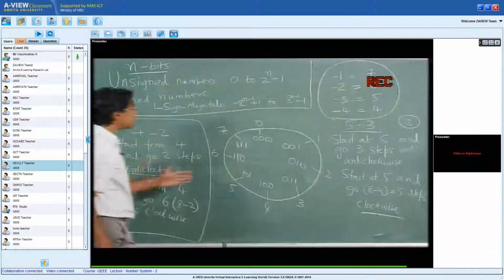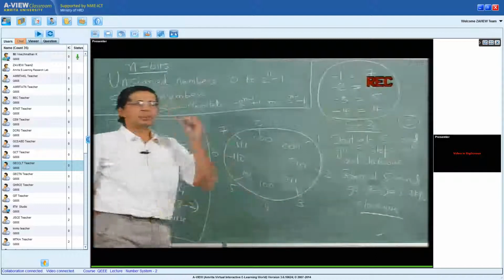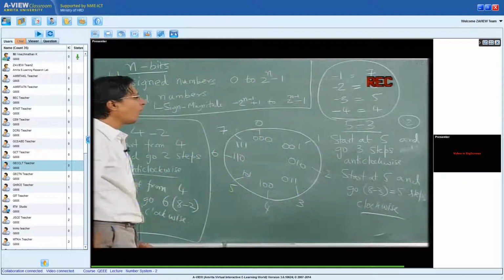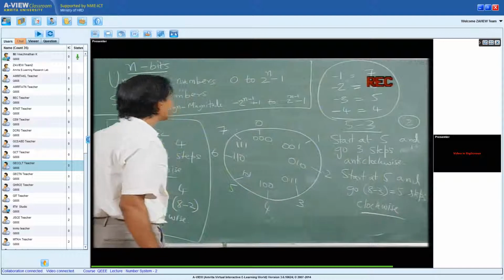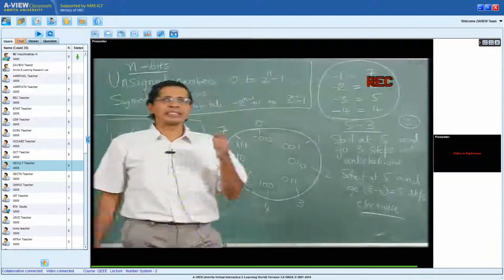Now we did this using unsigned numbers just to have some clarity. The moment I want to have signed numbers, then I told you the most significant bit should represent the sign.